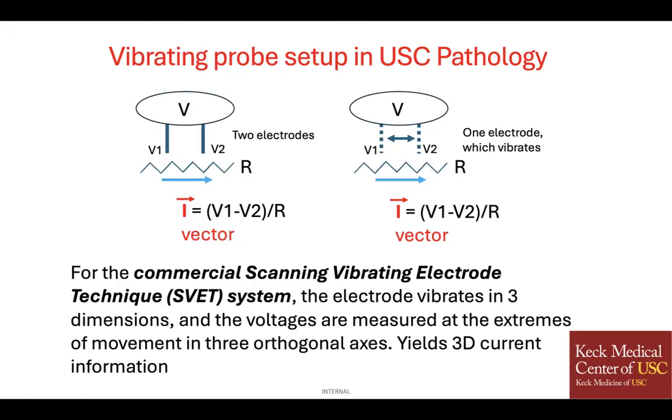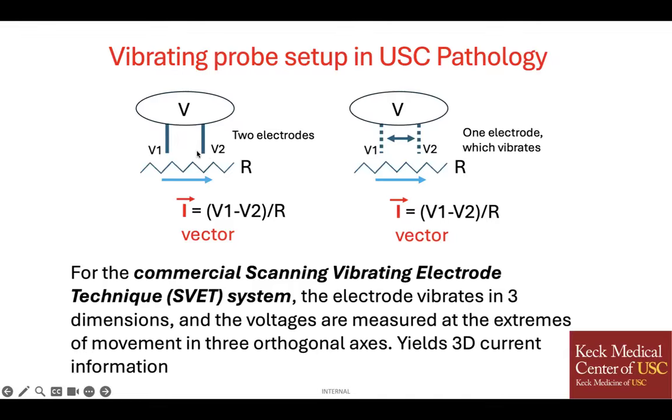I'm spending a few minutes on this because these are key to the experiments that we are doing. When we have electrical current flowing through a resistive medium, like physiological saline, a voltage drop will occur along the path of the current. That's simply Ohm's law. If we then use a voltage meter and measure the voltage at two separate locations along the direction of current travel, we'll get a voltage difference.